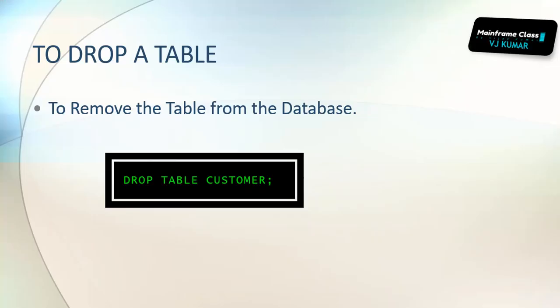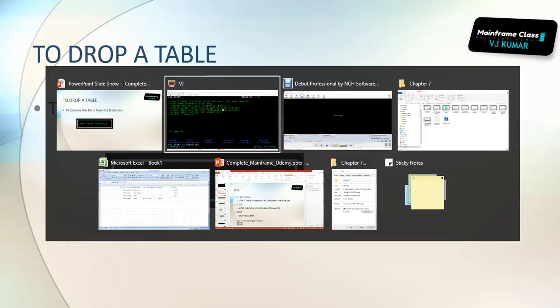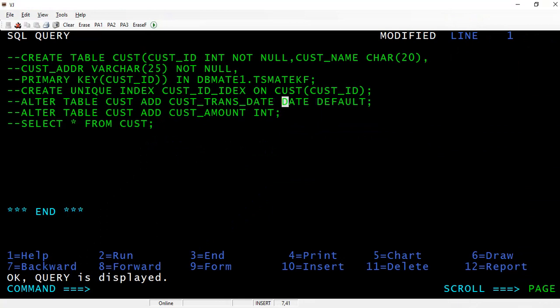Next one is to drop a table. The drop command is used to drop a table. So let's connect to the mainframe and see. For example, let me say I have select star from customer.